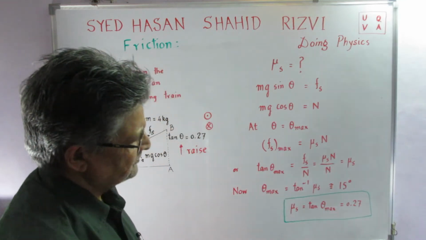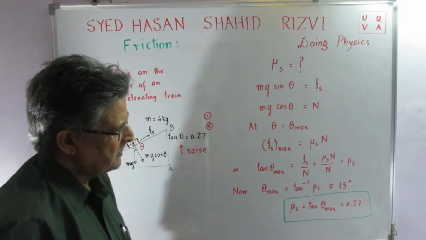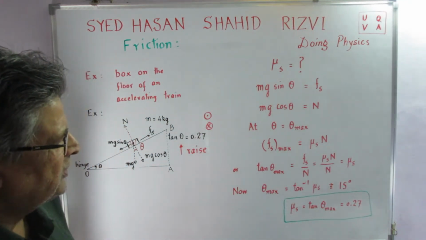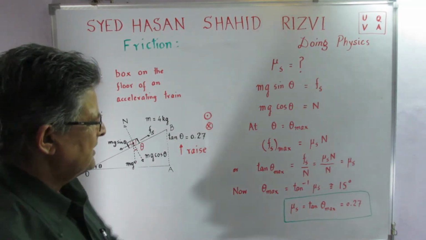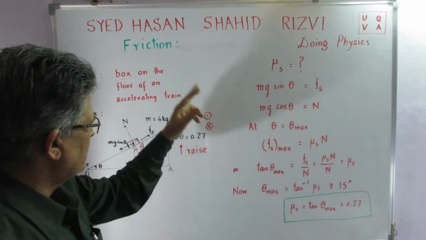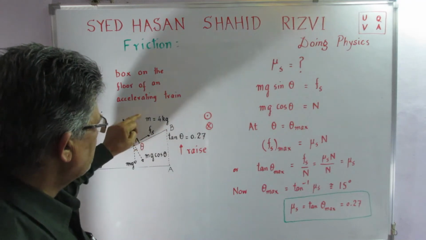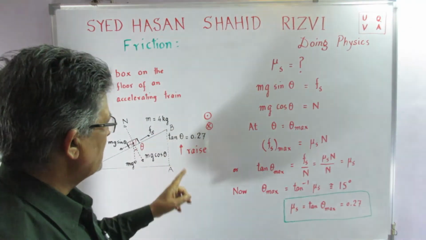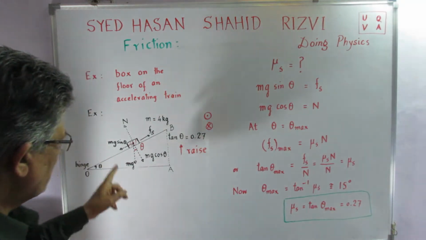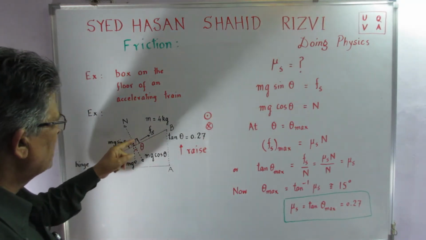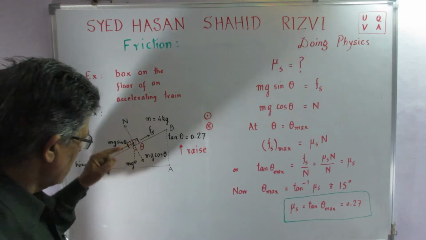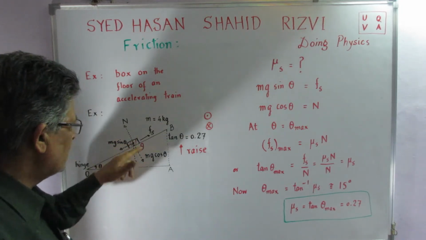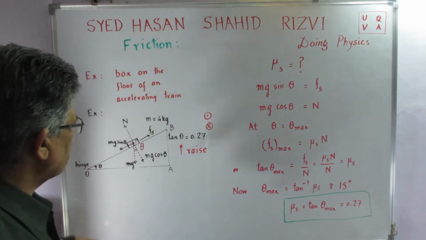Look here, there is something we observe: in discussing this system, the value of m again is immaterial. In finding the value of mu s, what is material is the nature of the surface of the block in contact with the surface of the incline.